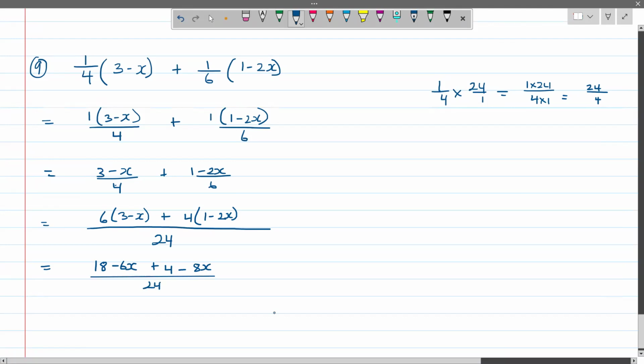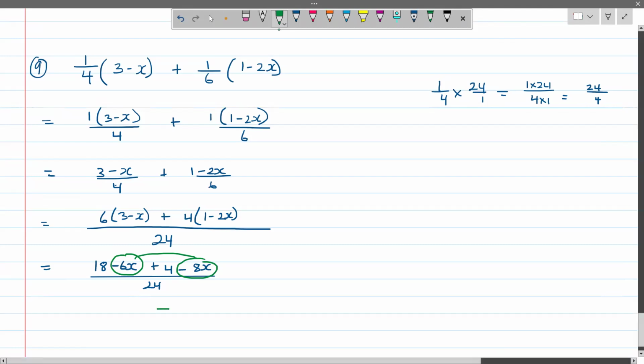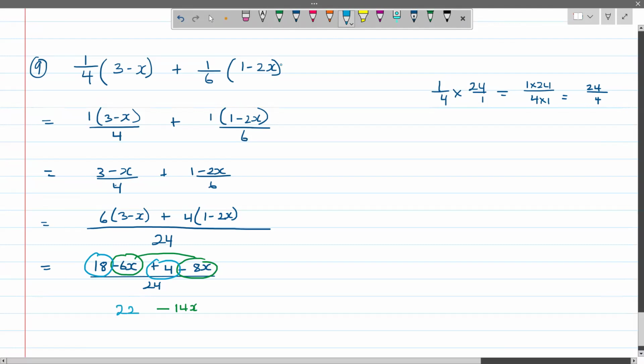And we could work out our x's, right? Both of the signs are negative, so I could keep the sign and add. 6 and 8 is going to give me 14x. And 18 plus 4, that's going to give me 22, right?